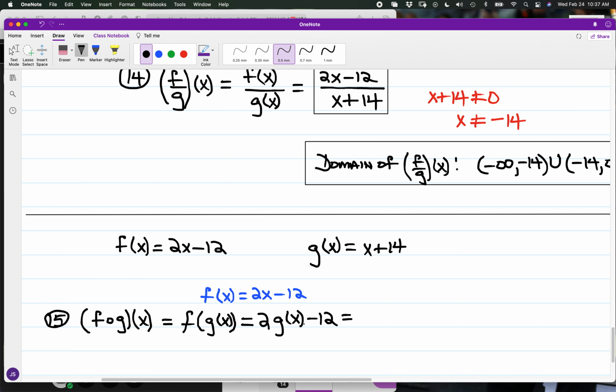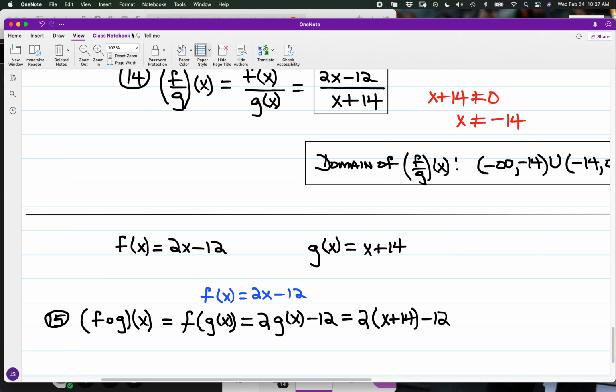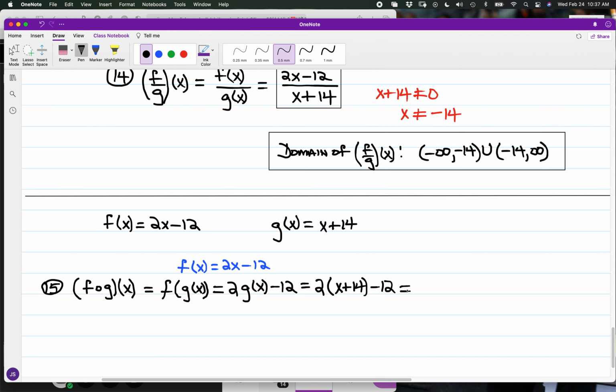Once I fill in the variable expression, we have 2 times all of x plus 14, take away 12, so I have 2x plus 28 minus 12, and for the resulting composition, we come out to 2x plus 16.